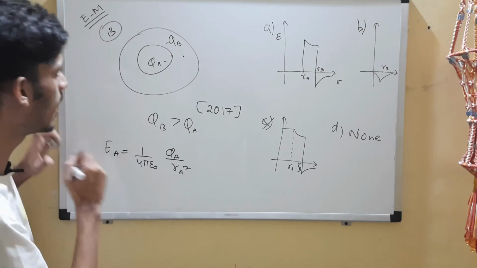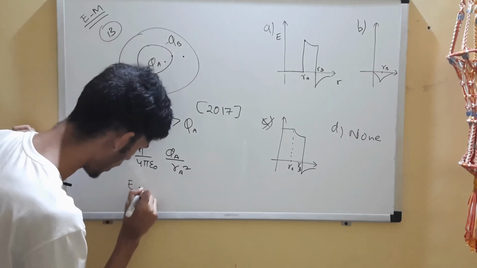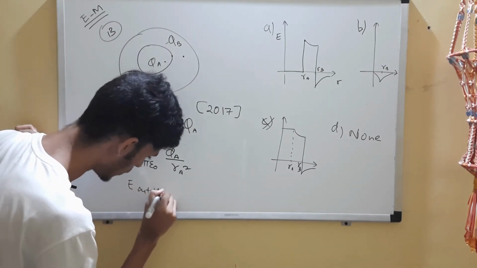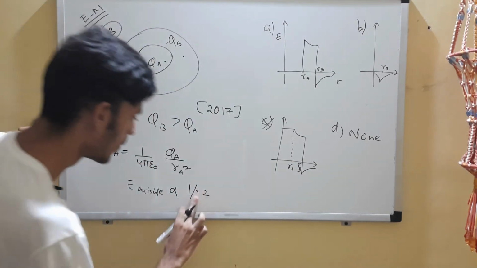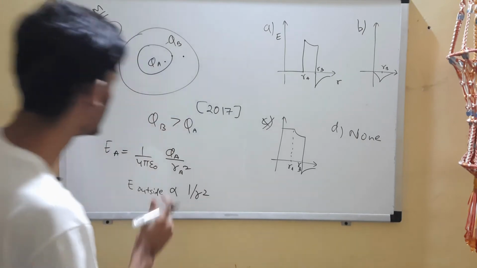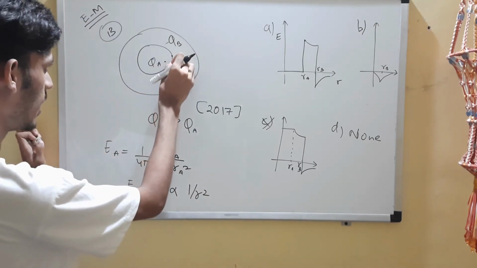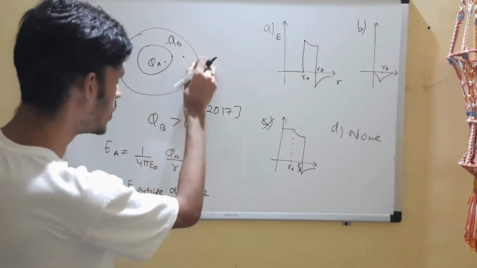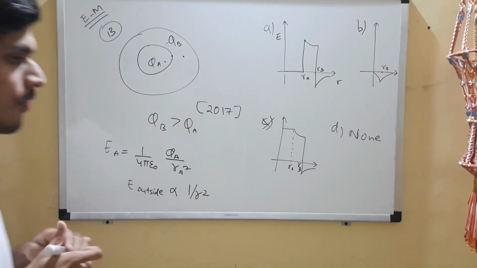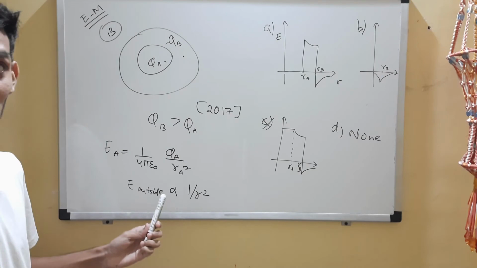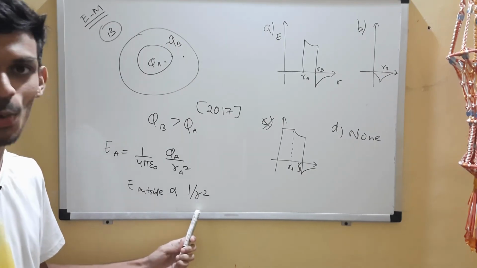And we know that the field outside a spherical shell is proportional to 1 by r square. So for this region from the radius of A to the radius of B, in this region between them, the field should vary this way. It should be inversely proportional to r square.